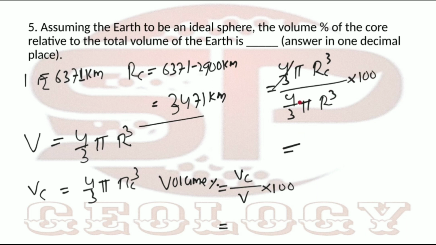So 4/3 pi will cancel each other. Then it is 3471 cube divided by 6371 cube into 100.